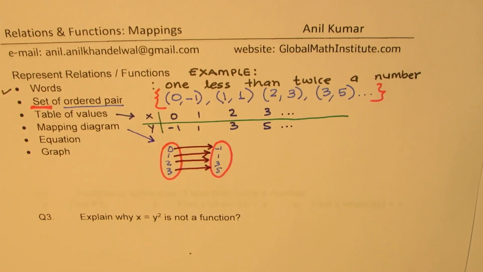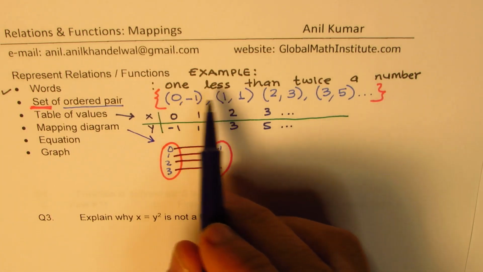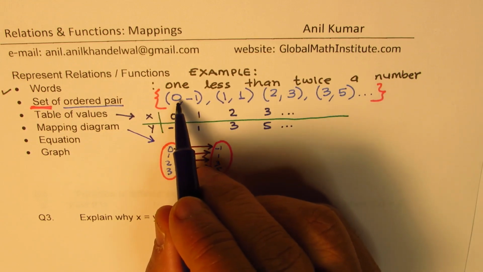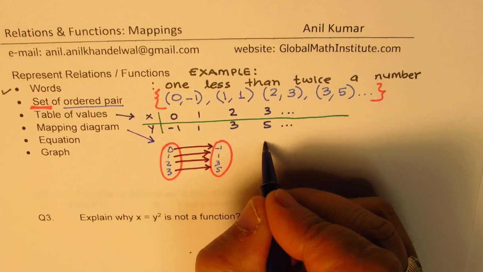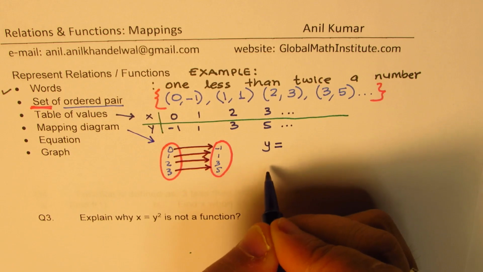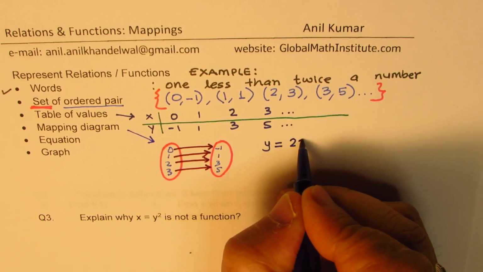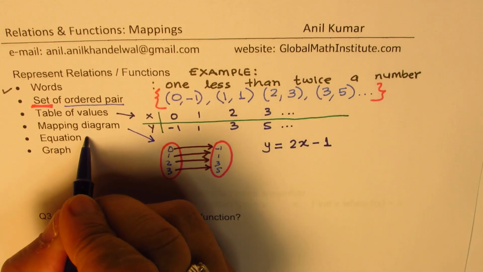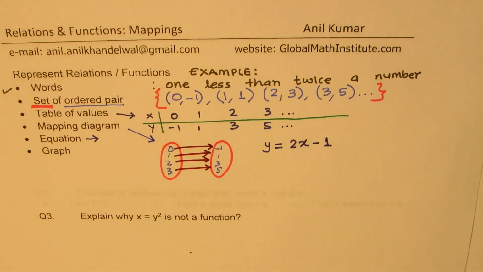We could describe this as a relation also. When we say 1 less than twice a number, the numbers are written in the coordinate points x and y, where we say y is equal to twice the number and then take away 1. So that becomes our equation, correct?